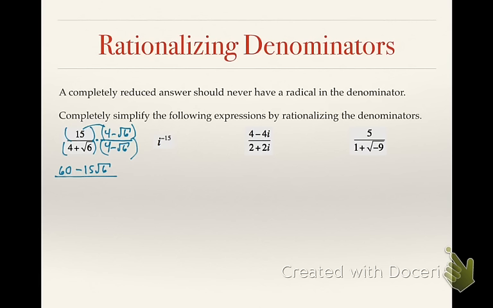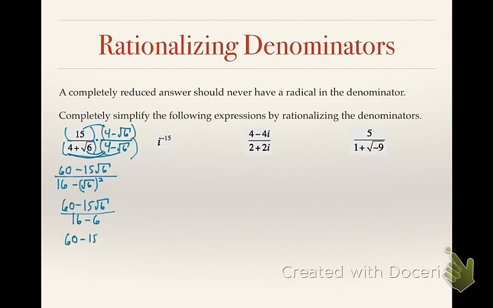Let's see. 16, and then negative 4 radical 6, positive 4 radical 6, those cancel, leaves me with negative radical 6 squared, which is 6, right? So 20 minus 5 radical 6 over 16 minus 6.